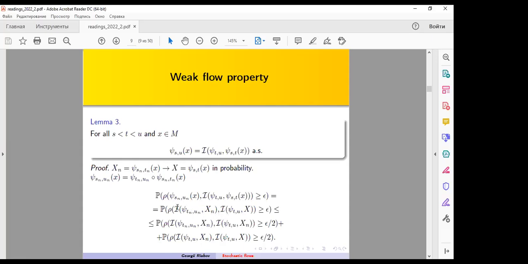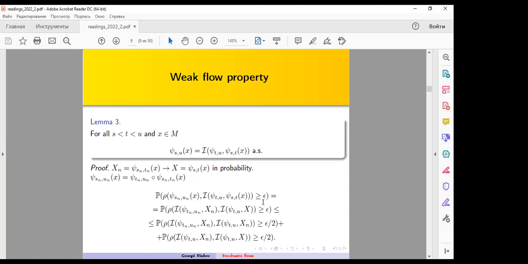Here we use the flow property for psi Sn un, and the fact that psi Tn un coincides with its measurable presentation, and estimate this probability by adding and subtracting psi tu of xn.